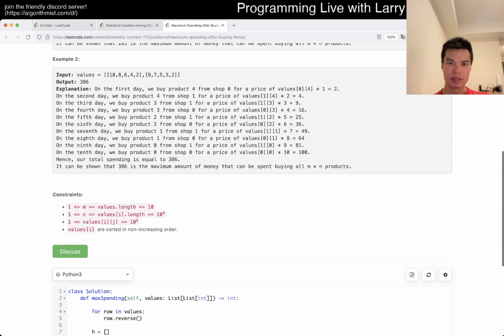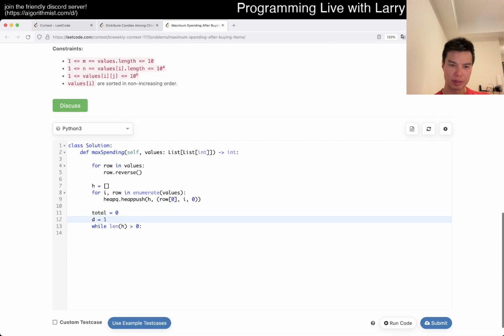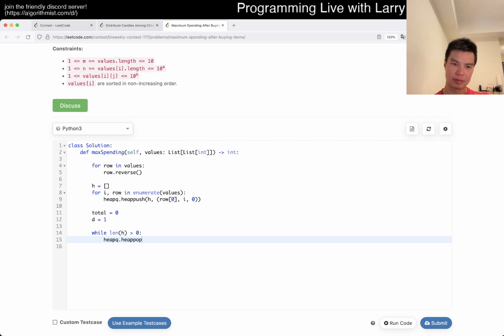Day one is just one, right? Okay, fine. Index, shop index, and then just index maybe, right?